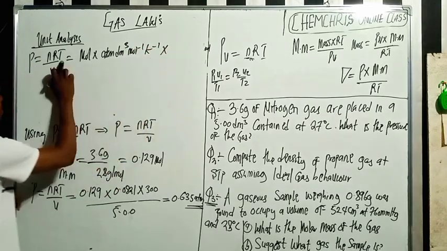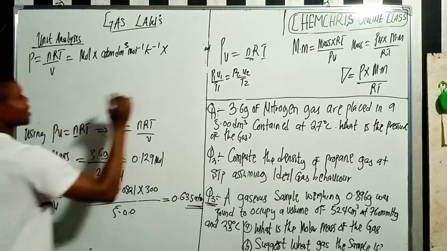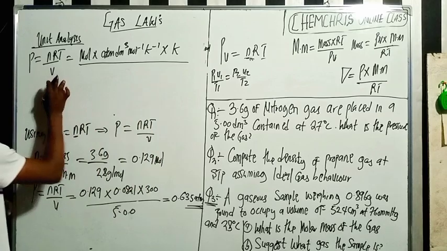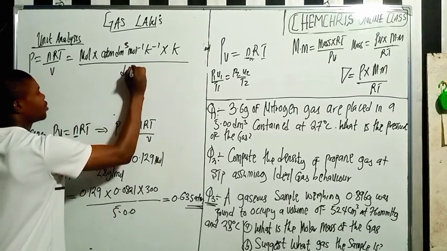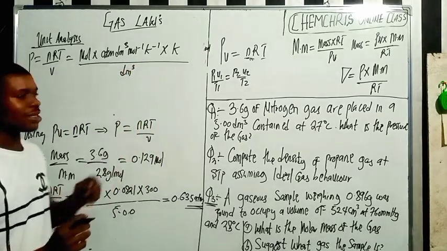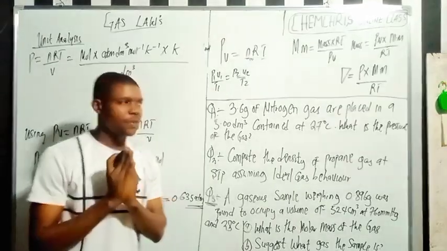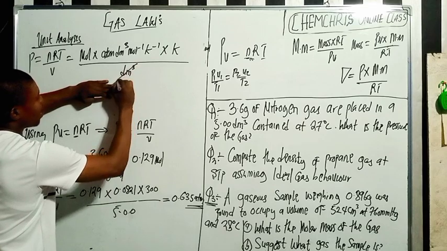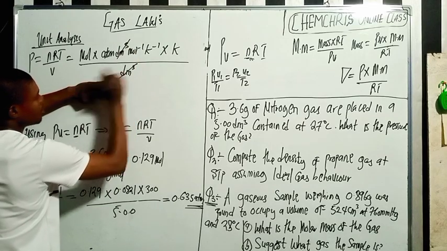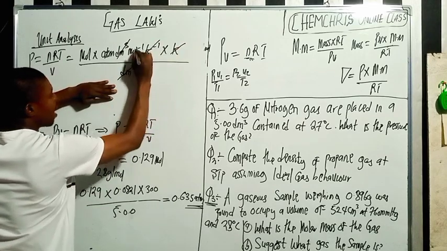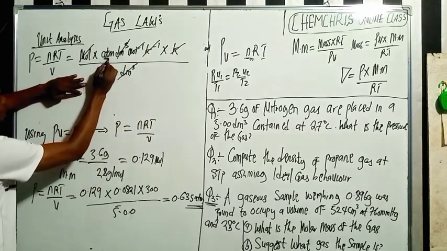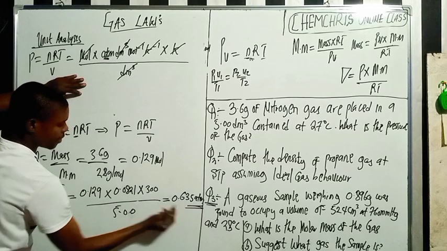Times. What is T? T is temperature, which is Kelvin. Over what is my volume? My volume is dm cube. You understand? Again, liter and dm cube are the same thing, right? So if you break it down, dm cube cancels dm cube, Kelvin cancels Kelvin, and per mole cancels this mole here. So you can see that the unit is now atm, which gives our answer here.